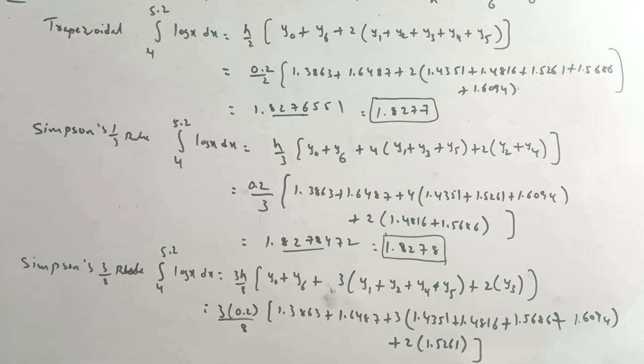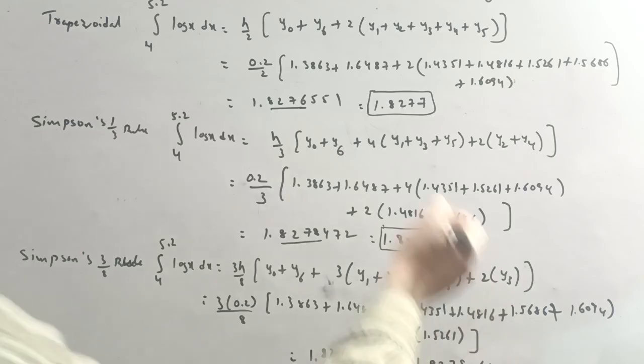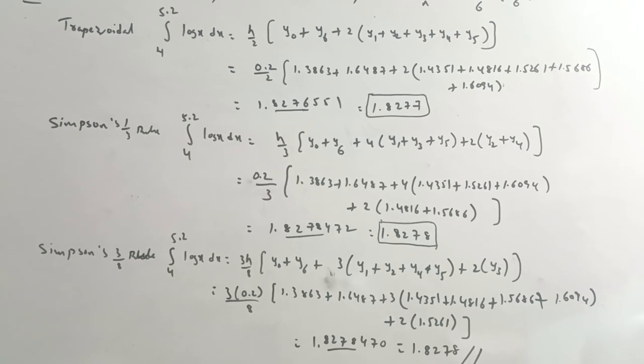If I simplify this, how much am I getting? 1.8278470. If I take up to 4 digits, I get 1.8278, almost similar to Simpson's 1/3 rule.